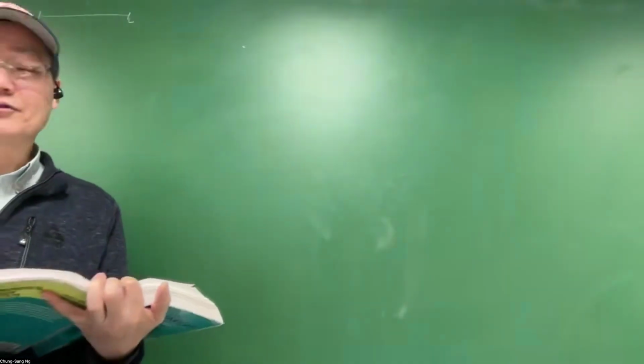So we need to set L goes to infinity and take the limit of the Fourier series formula. Then we get the Fourier transform formula, how you define the Fourier transform and the inverse Fourier transform.